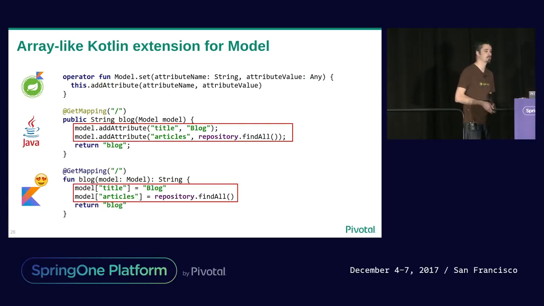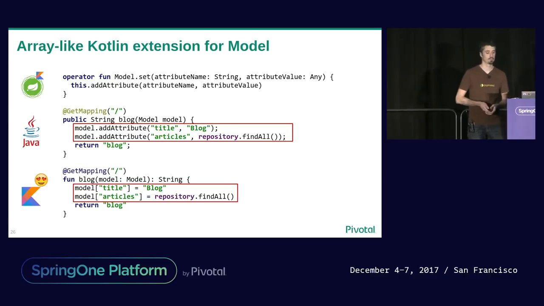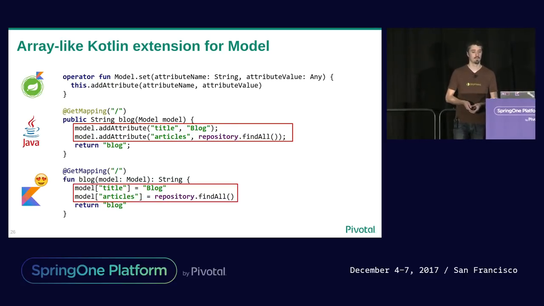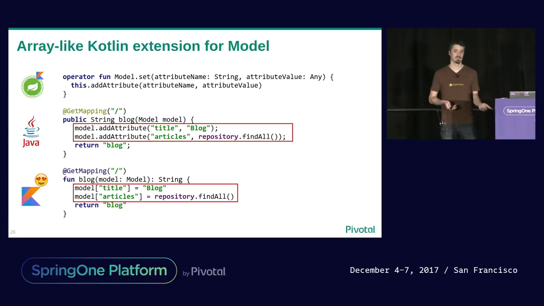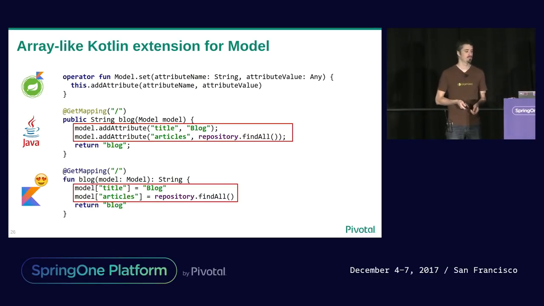So the first Kotlin extension I would like to show you is just a basic syntactic sugar, but that's just to show you the power of the system. So we have this Model class, which is Spring MVC, and we define in the Spring Framework jar this extension.